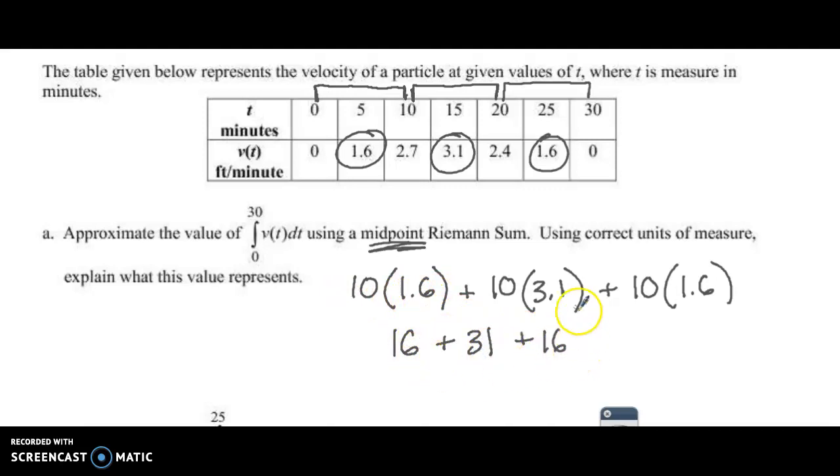So I don't know how you would add that together, but you'd have 32 plus 31, so that'd be 63. Now, if we're working backwards, remember it's the amount, we're taking away that rate. So I guess this is just velocity of a particle, so it's just moving 63 feet.